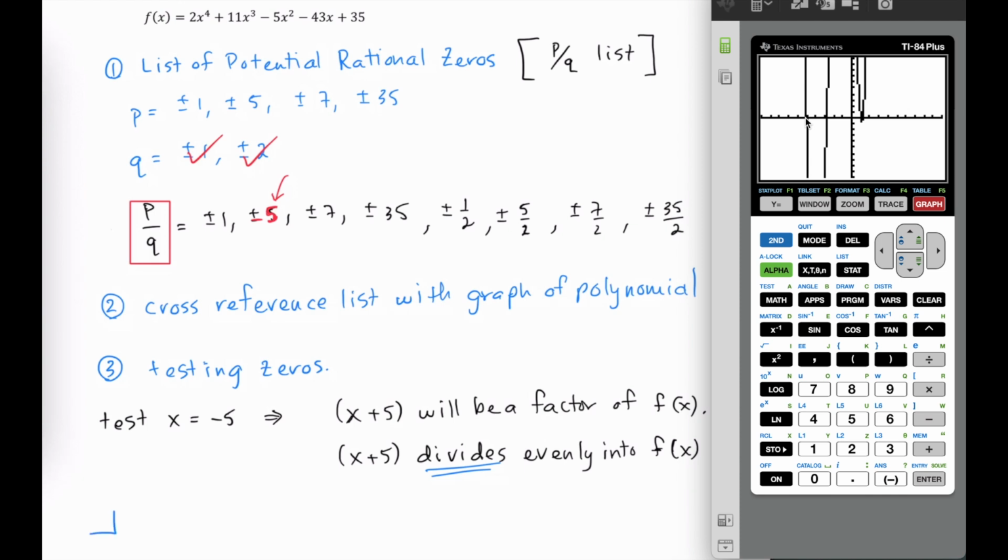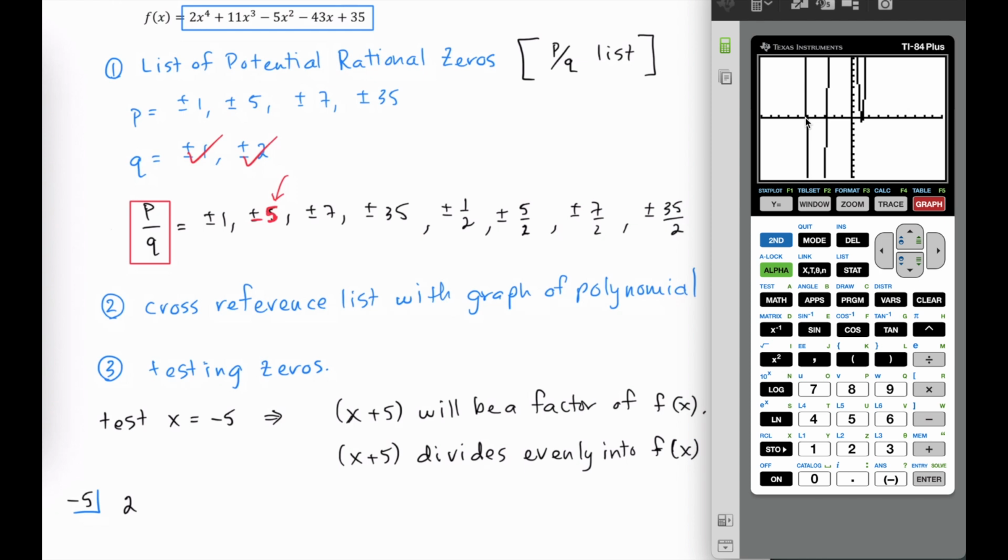And synthetic division is what we're going to use because this divisor is linear. We open up our backwards L box and we're going to put the 0 of the divisor into this box, which is -5. The 0 of the divisor is also the 0 that we're testing. And now we're going to put the coefficients of the dividend to the right of the box, and our original polynomial function is the dividend.